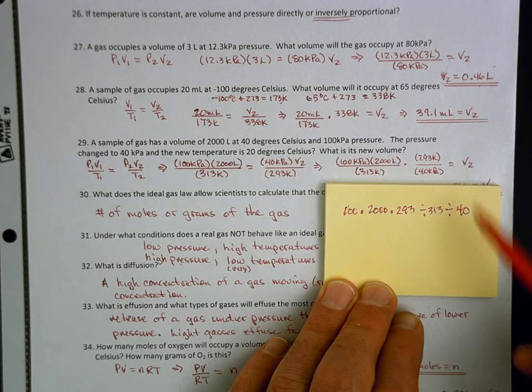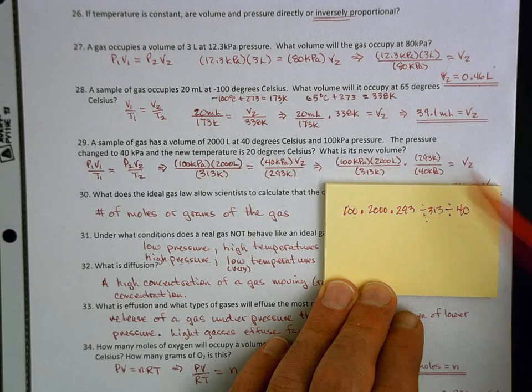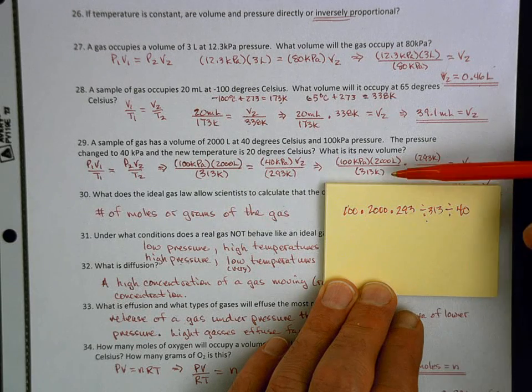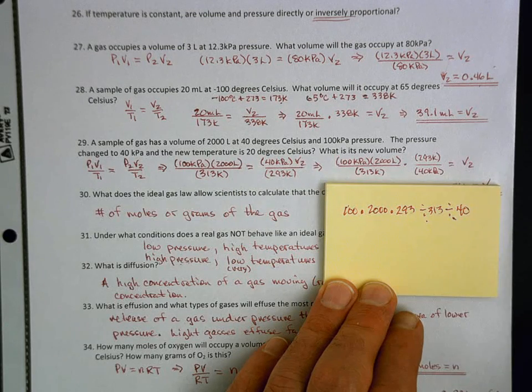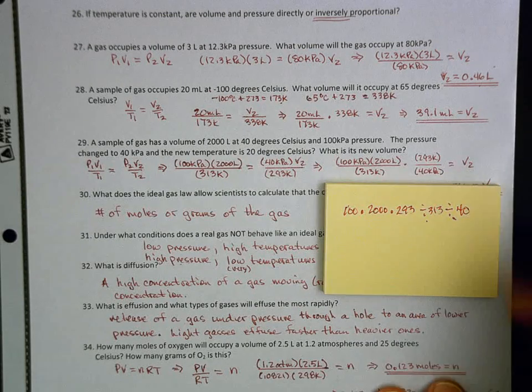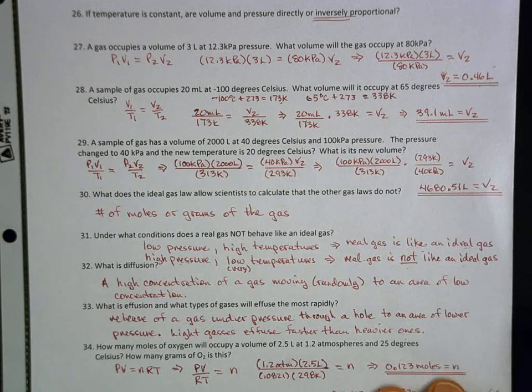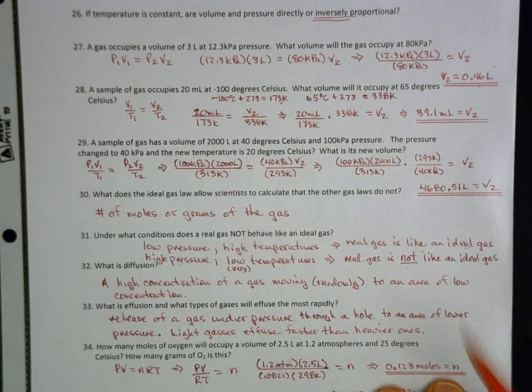Some of you have had a tendency to multiply these, then divide, and then because these are both on the bottom and you're thinking this times that, you then put in a multiply. But if you don't actually add some parentheses at the same time, you end up with a number that's way, way off, multiplying by 40 instead of dividing by 40. So this times this times this, divide, divide, and you get 4680.5 for the volume.